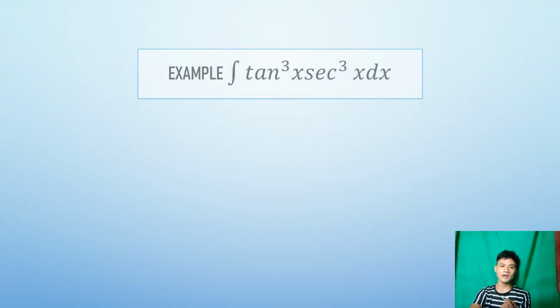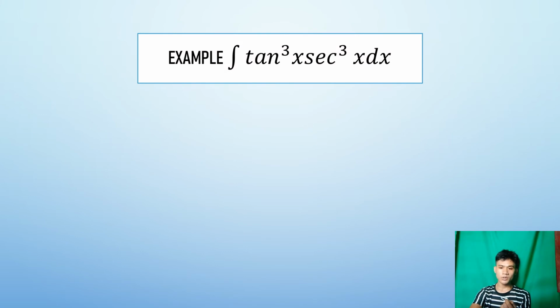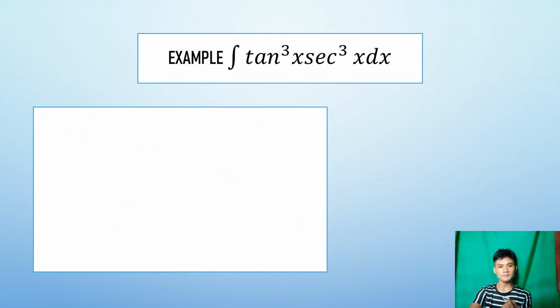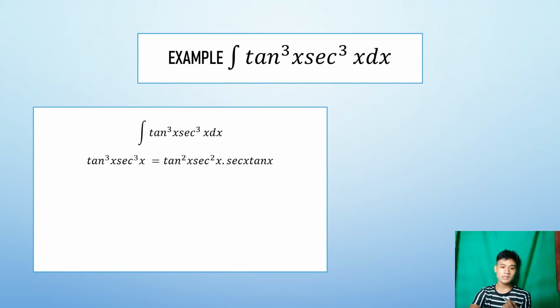Next, we have the third example, example number 3, the integral of tangent cubed x secant cubed x dx. We all know that tangent cubed x secant cubed x is equal to tangent squared x secant squared x secant x tangent x.